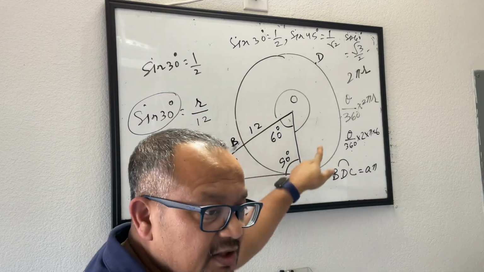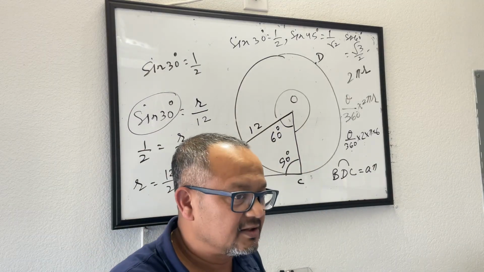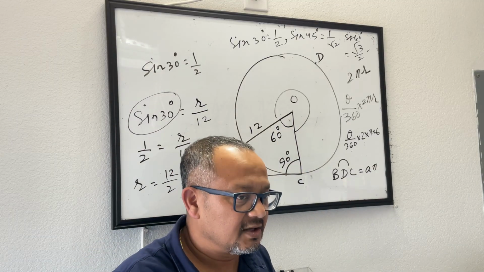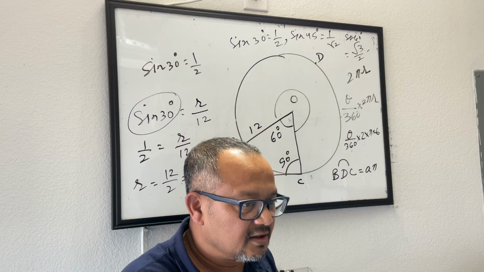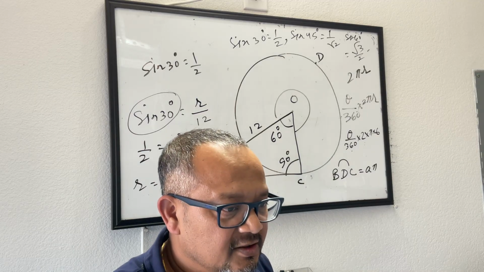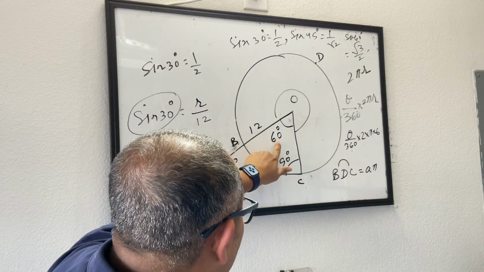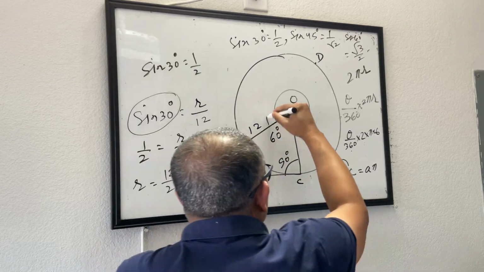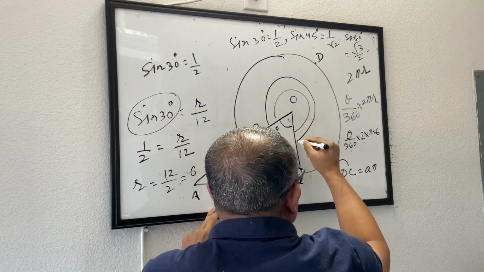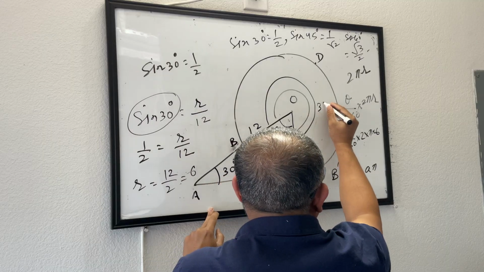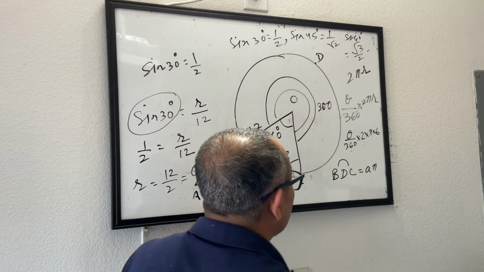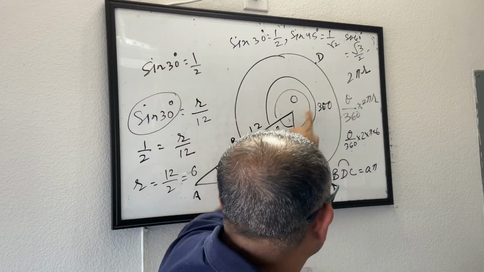That is how the sum of all three angles will be 180. Everybody with me? Dheera, Vishwa, everybody? So now if this angle is 60 degrees, this angle will be 360 minus 60, that is 300 degrees.